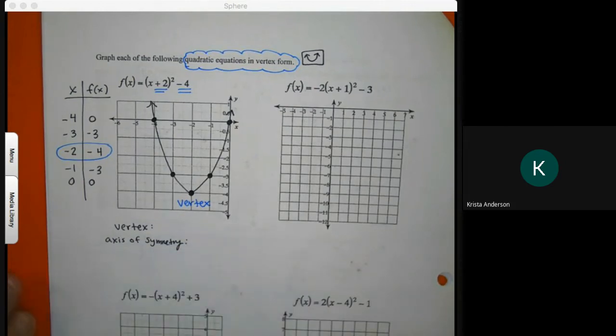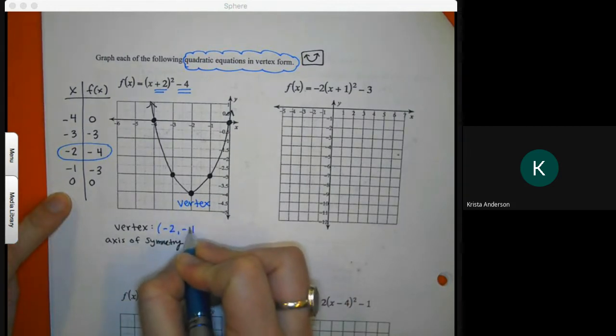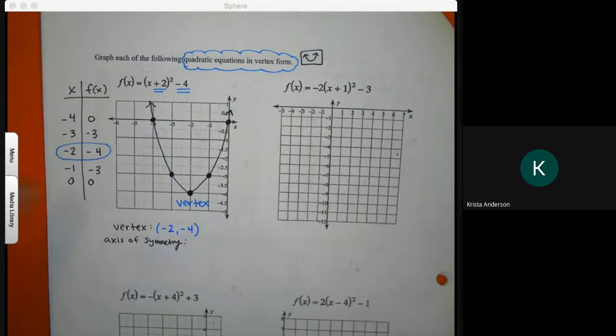It will ask you for your vertex, which is at -2 down 4, and an axis of symmetry. Does anybody want to take a guess what axis of symmetry means? Equal. Equal on both sides.